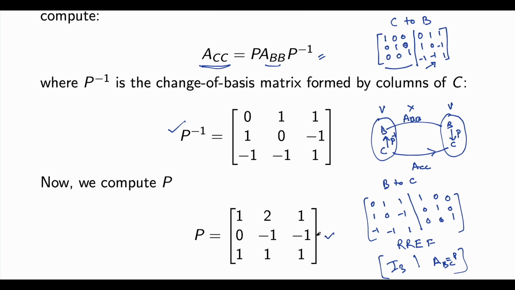After applying RREF, you got this matrix. Or else, since this is non-singular, you can also calculate P inverse, and the inverse of P inverse is going to be P. You can also do that. But here the purpose is to use the change of coordinatization, so we have to stick to that one.